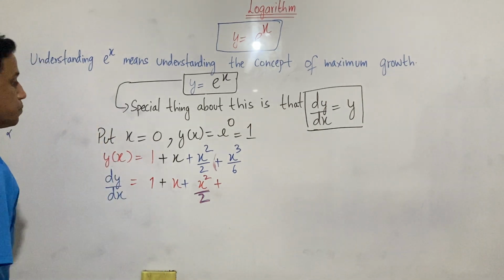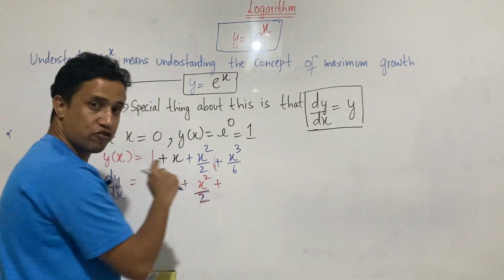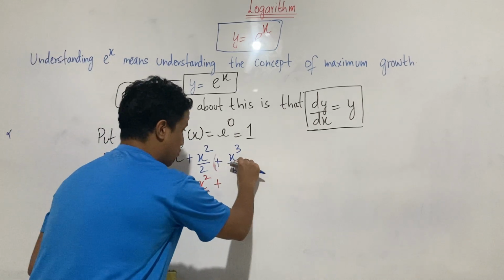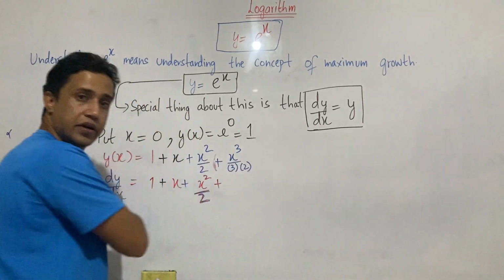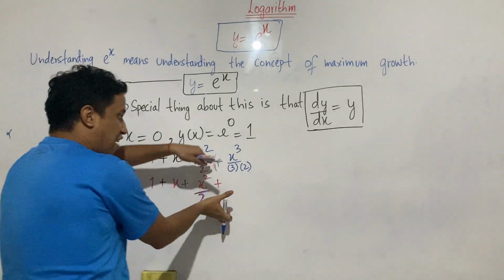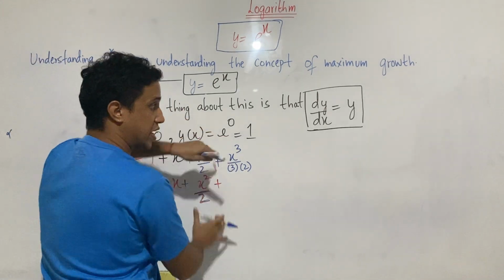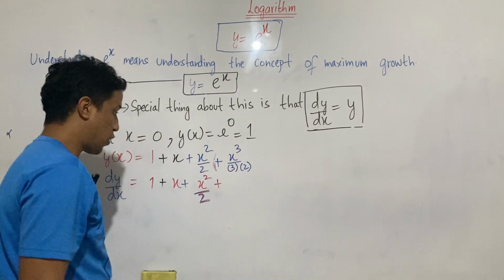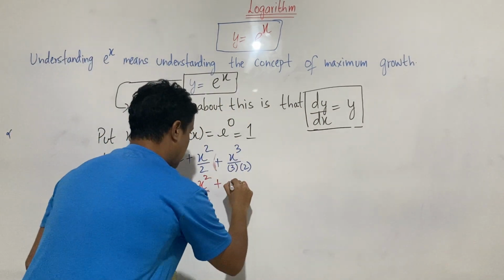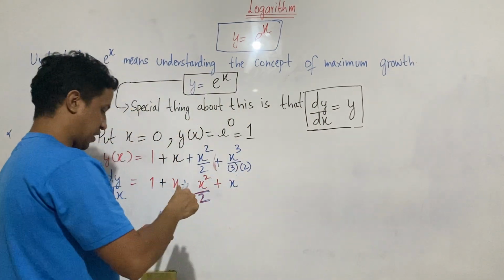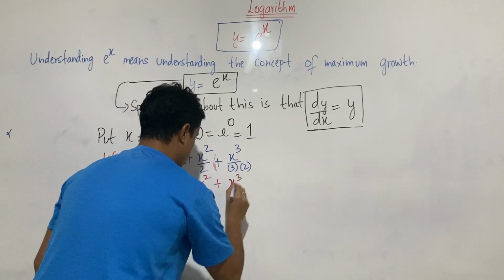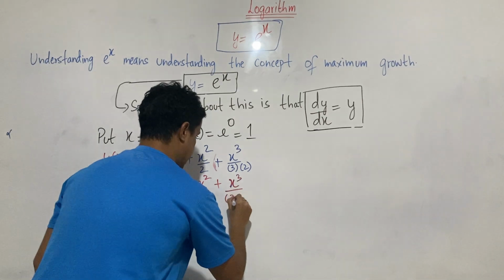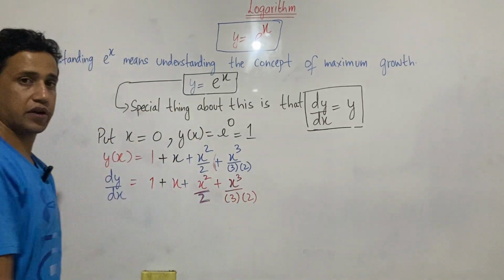Okay, now again I have to make it the same, but this 6 can be written as 3 and 2. Now I have to make both of them the same because that's what it says, right? So here what I will do, x cube by 3 and here 2, right?